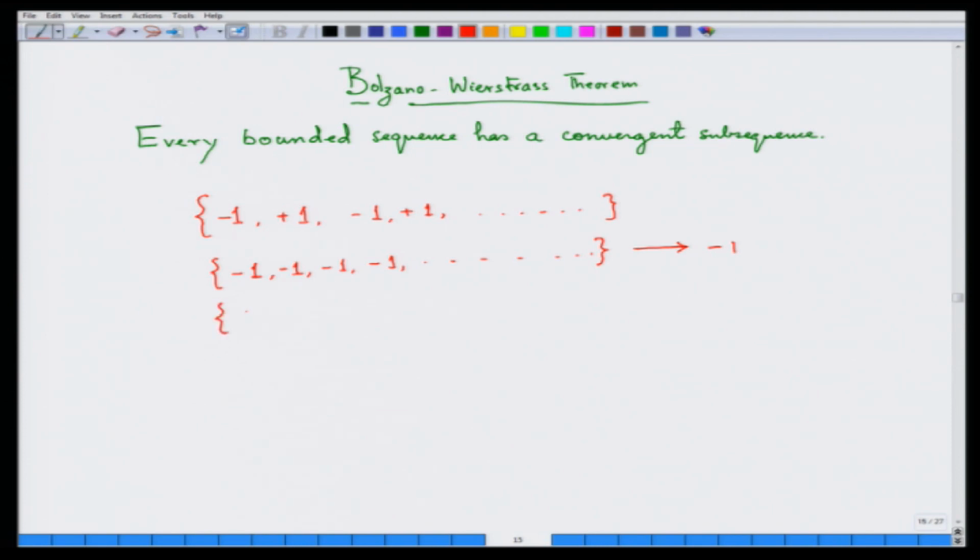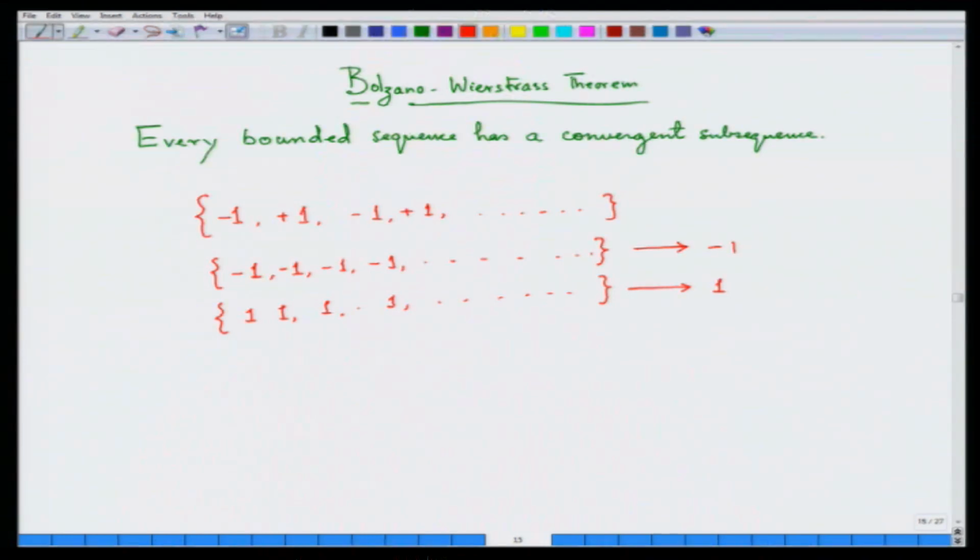I can also take a subsequence 1, 1, 1, 1. And this is convergent to 1. So, you see the first subsequence converges to -1, the second subsequence converges to +1. So, if you have two different convergent subsequences, both of them need not go to the same limit.